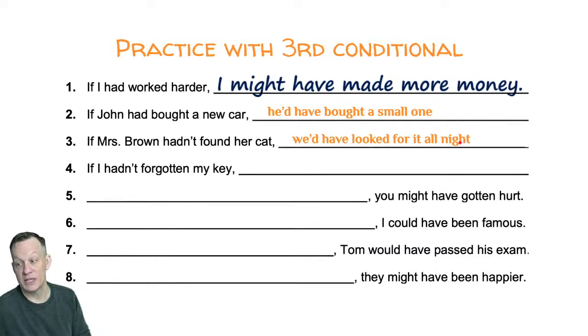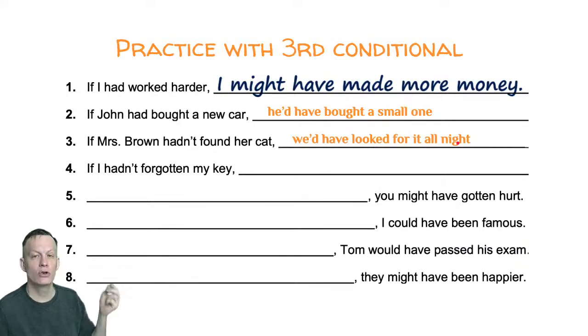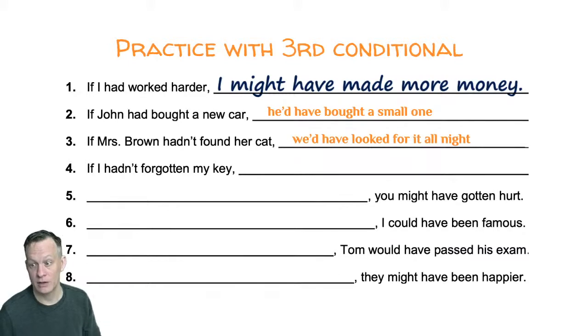He would have become mad. Okay. The collocation, Enrique, is to go mad. Go mad, like go crazy. And Mrs. Brown is a woman. So if Mrs. Brown hadn't found her cat, she would have gone mad.